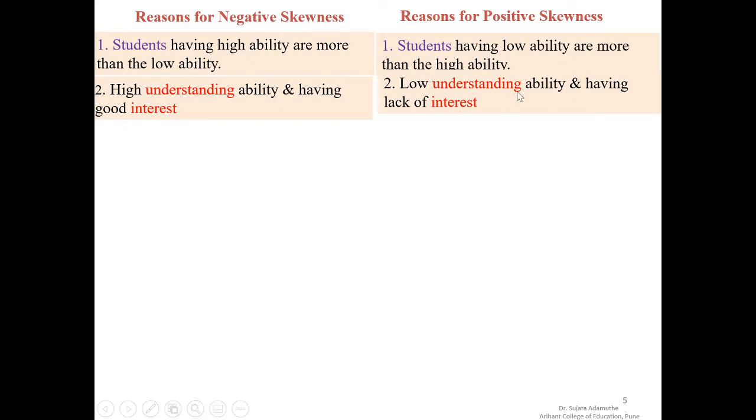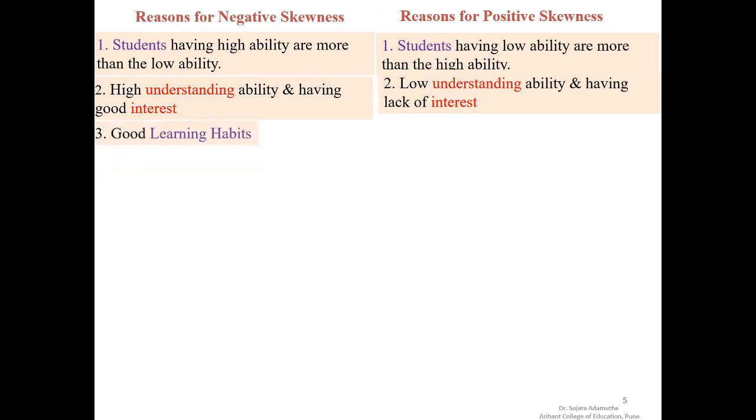Opposite of that, if the students' understanding ability is very low and they lack interest, they will not study properly, and so they will get lower scores and the positive skewness will come there.